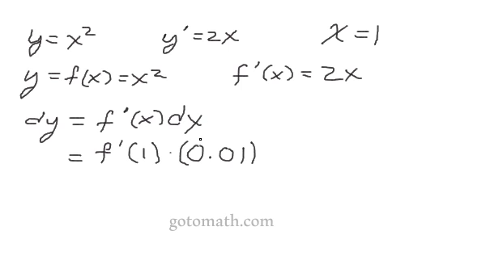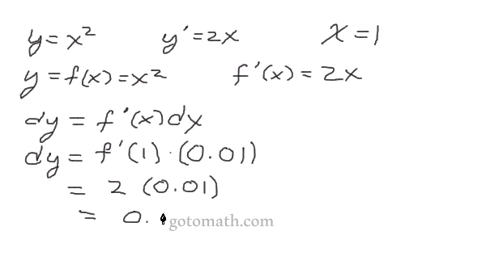Okay, that's our dx right here, and I'll just continue to write dy. So we plug this in and we end up getting 2 times 0.01, and that's going to end up being equal to 0.02. And remember that this is the differential of y here.